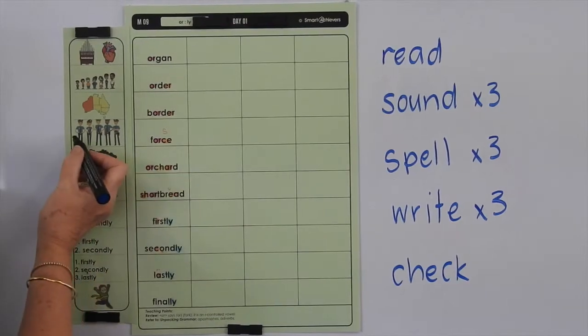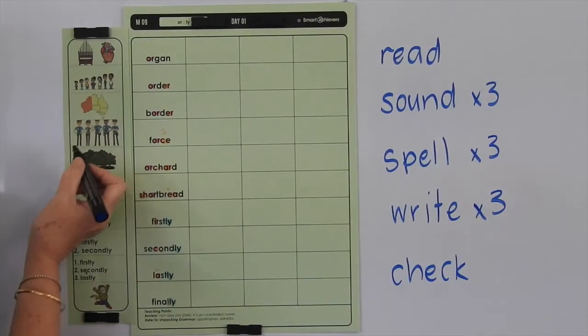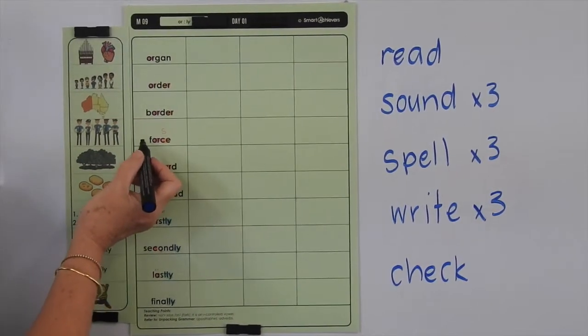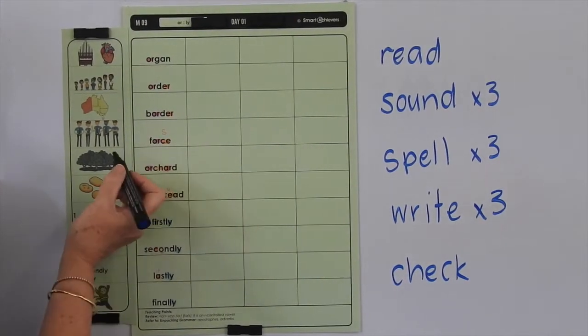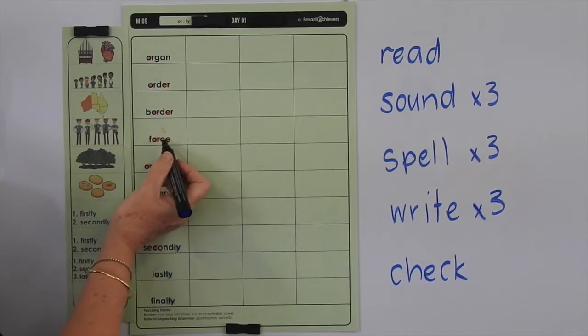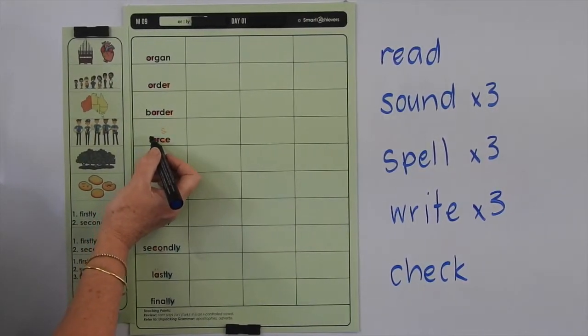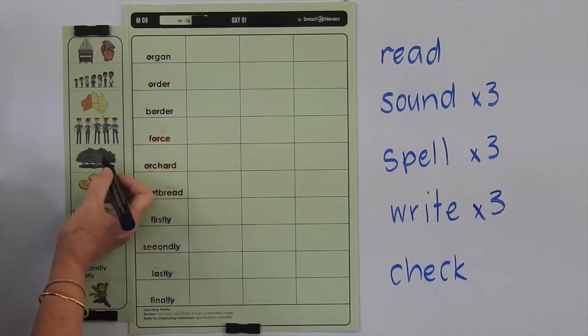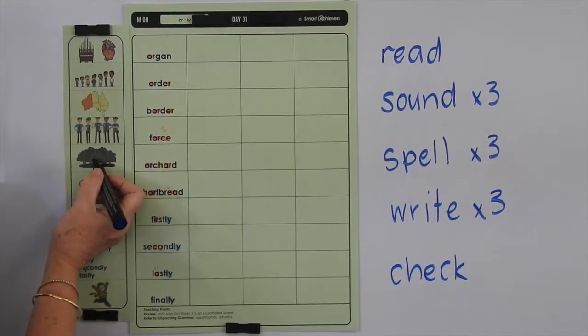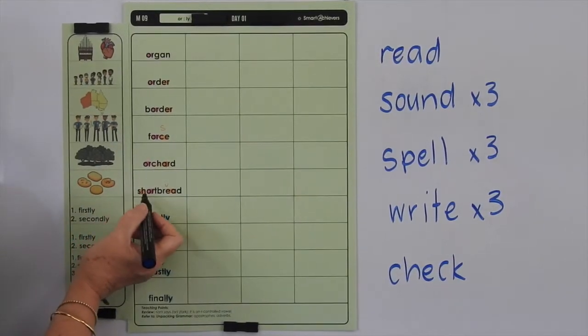A force is a group, could be a group of people like the police force, or it could be a movement forward, in a forward direction. So the wind has a lot of force, so it means the wind is coming at us in a very strong direction. Orchard is where we plant lots of fruit trees and we can collect the fruit when they're ripe.